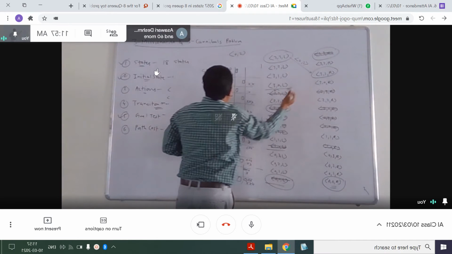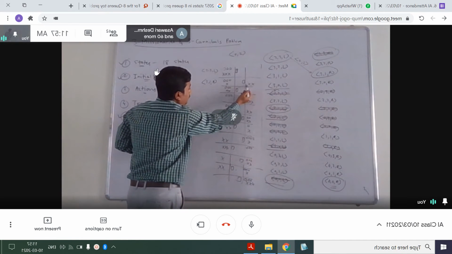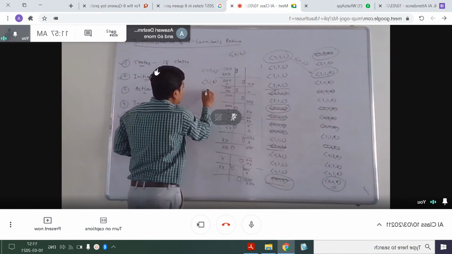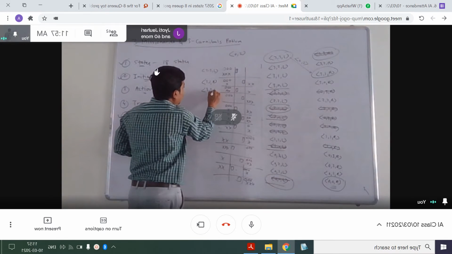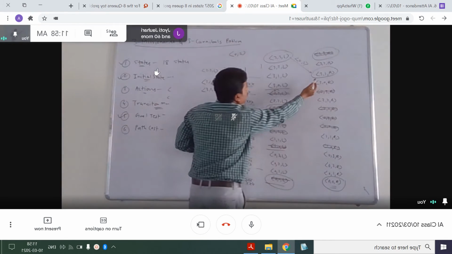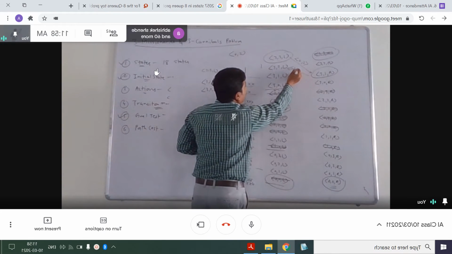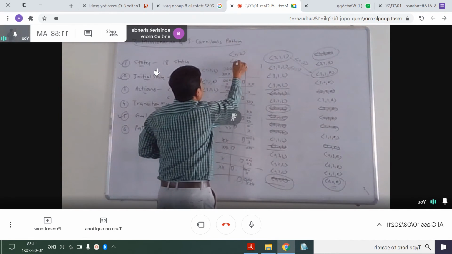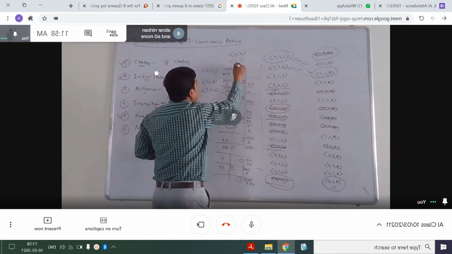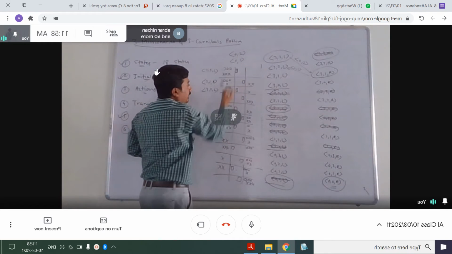Now 1 cannibal is bringing the boat back. So what is my state now? 3 2 L. And what is my action? 0 1: 0 missionaries and 1 cannibal traveled.